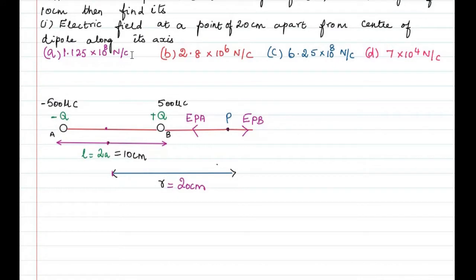at an axial axis. So electric field at a point in axial line is given by E is equal to 2 into K into P divided by R cube. So 2 into, we know that K is your Coulomb's constant, 2 into 9 into 10 to the power of 9 into P, where P is the dipole moment.